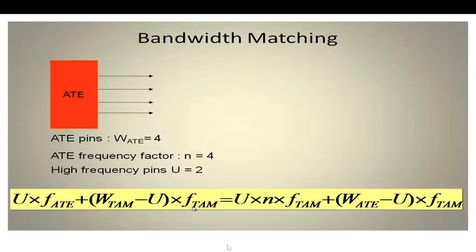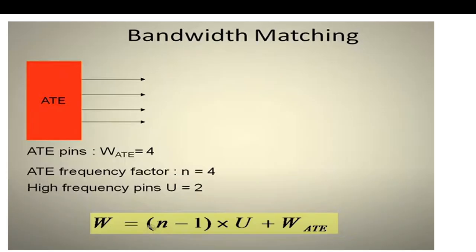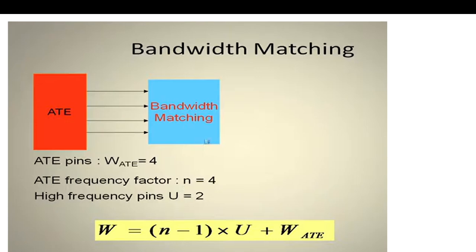But now we have a high frequency pin which can support say 4 times, the frequency factor 4. So in this way we obtain the formula: the W with the high speed pins, n minus 1 into W, plus the total ATE pins 4. So we need a bandwidth matching circuit.